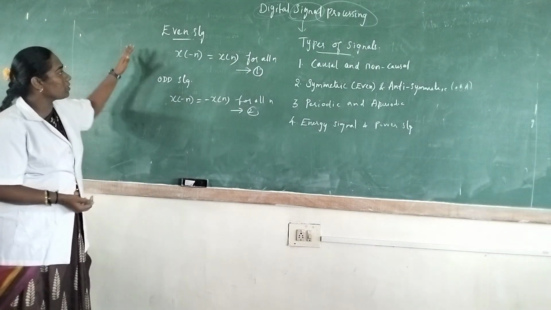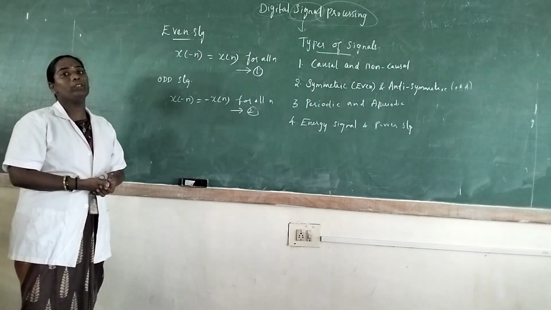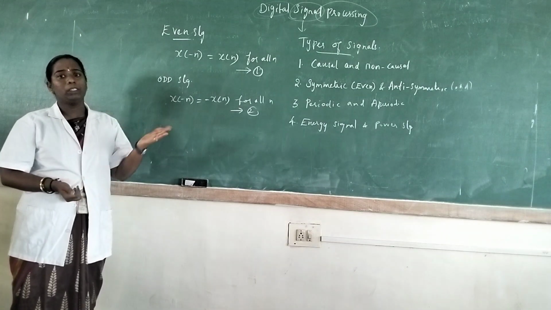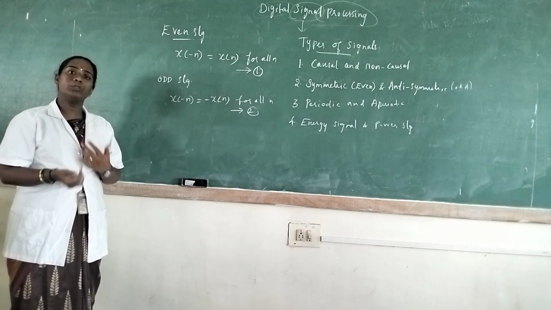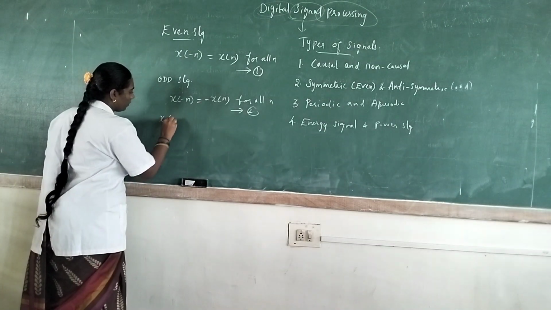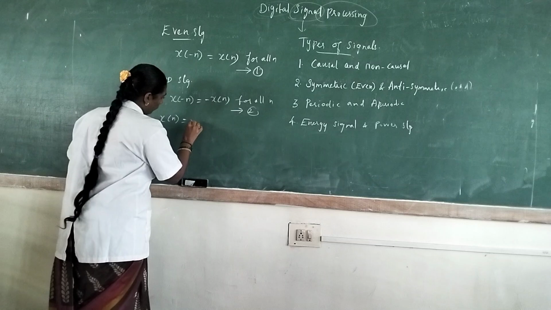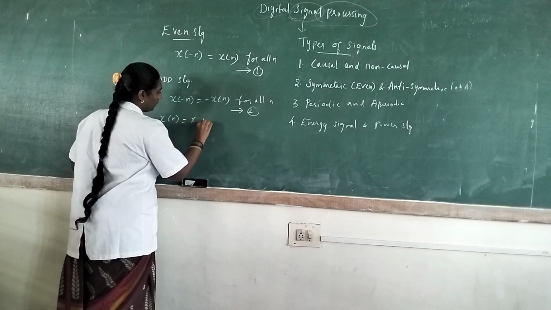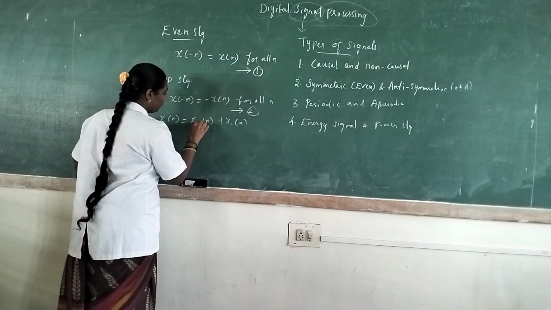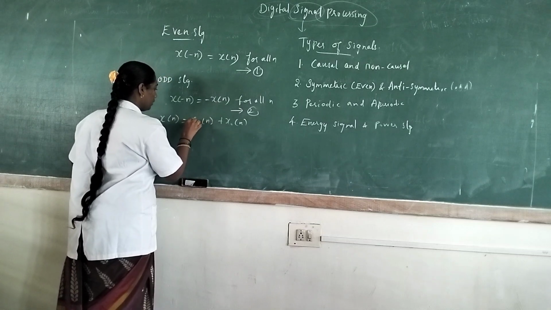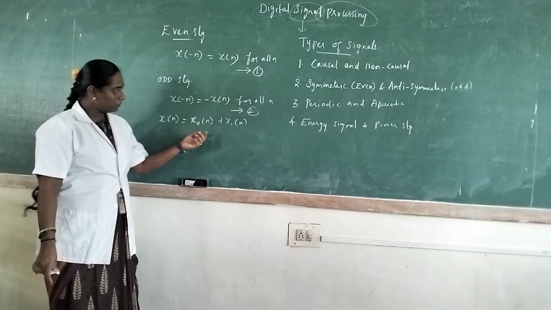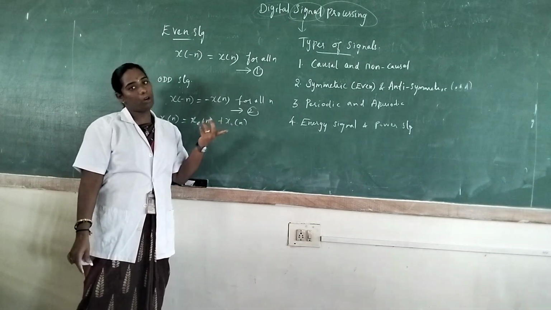Okay. So from these two equations, you can find the formula for the odd signal and even signal to solve the problem. So here, the sum of two signals, that is the even signal plus the odd signal, will be your total signal. x of n is equal to xe of n plus xo of n, where e represents your even signal and o represents your odd signal.